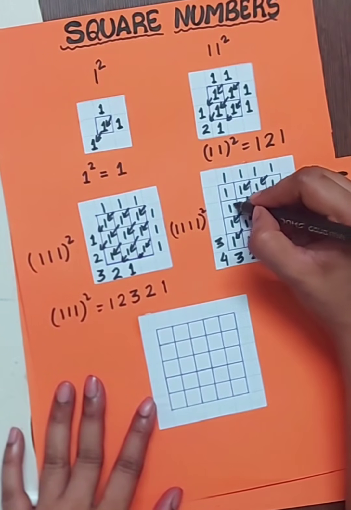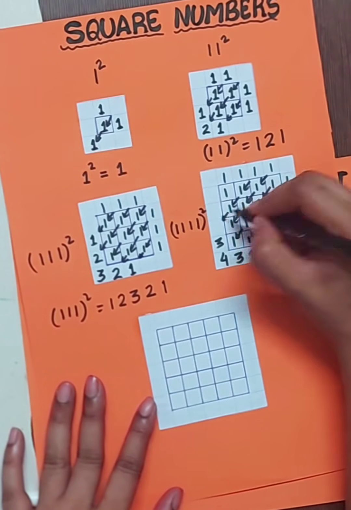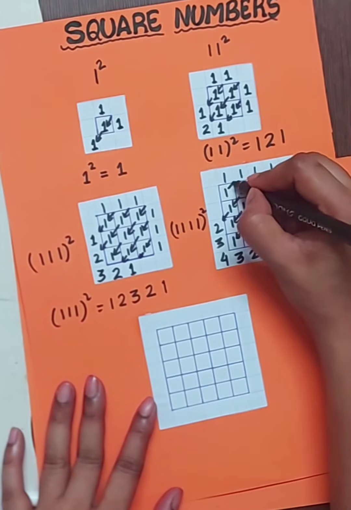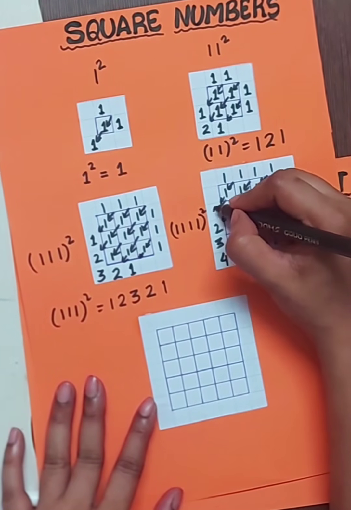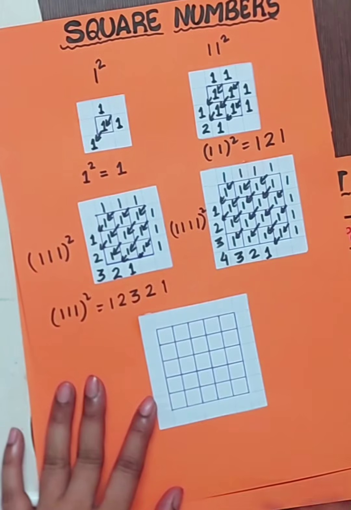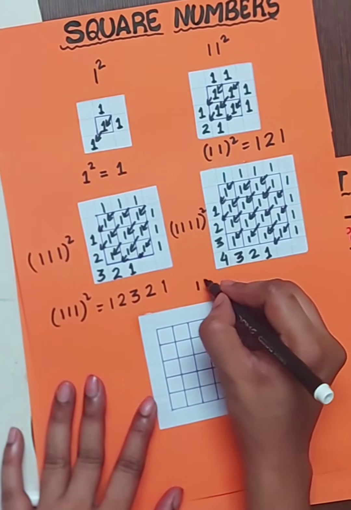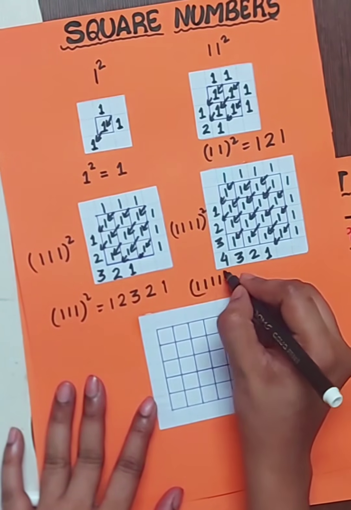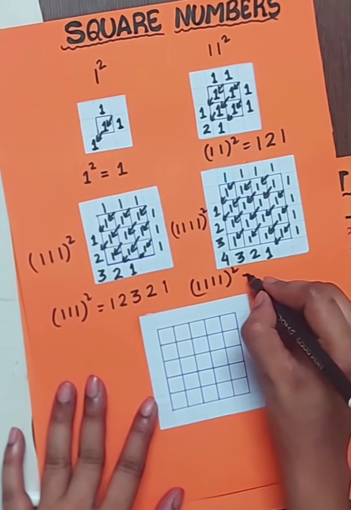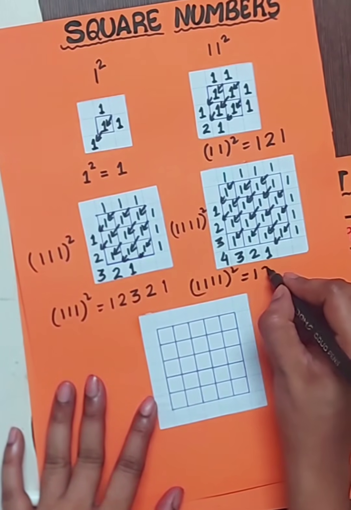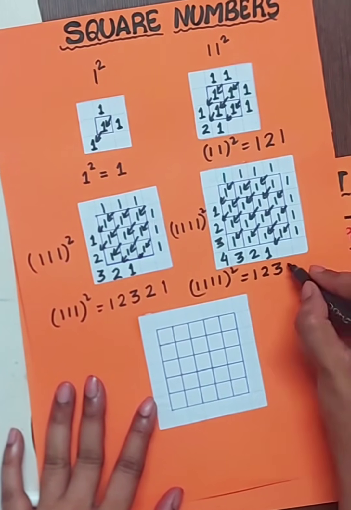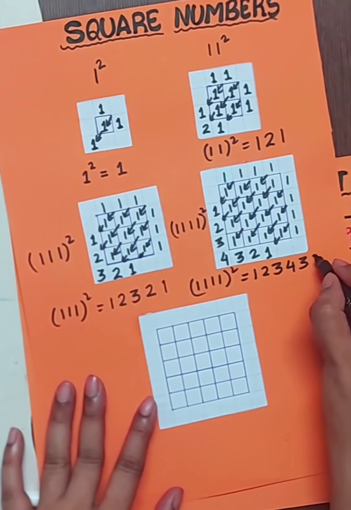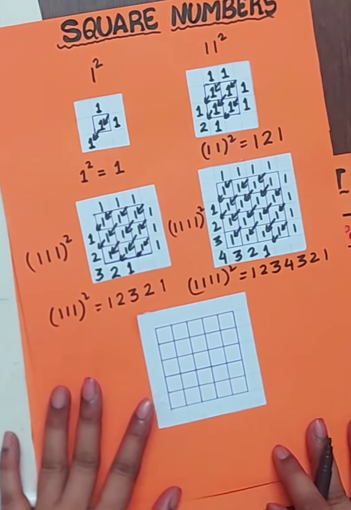And here again we'll get 2, and here we'll get 1. So the square of this number is equal to 1, 2, 3, 4, 3, 2, 1.